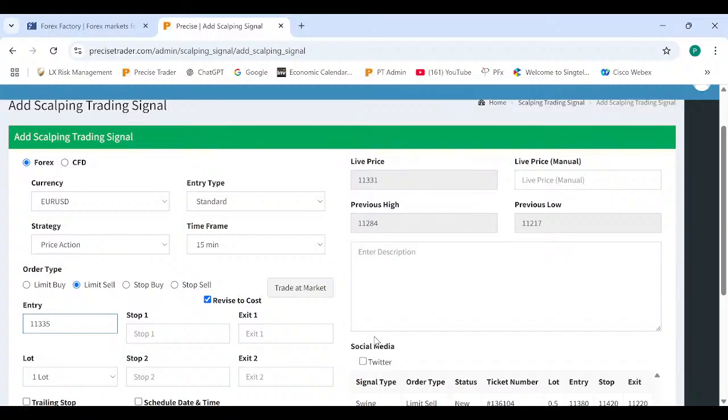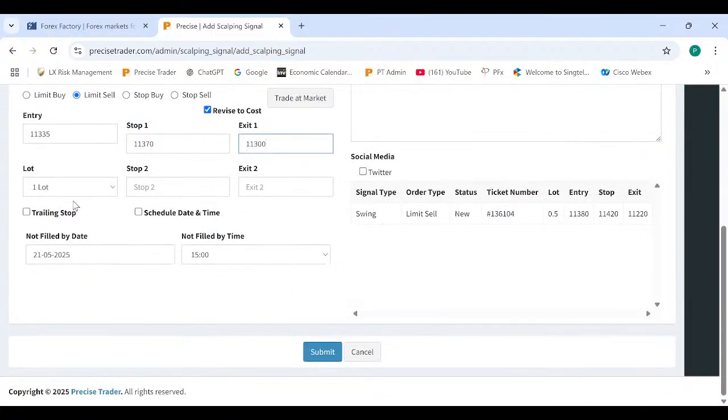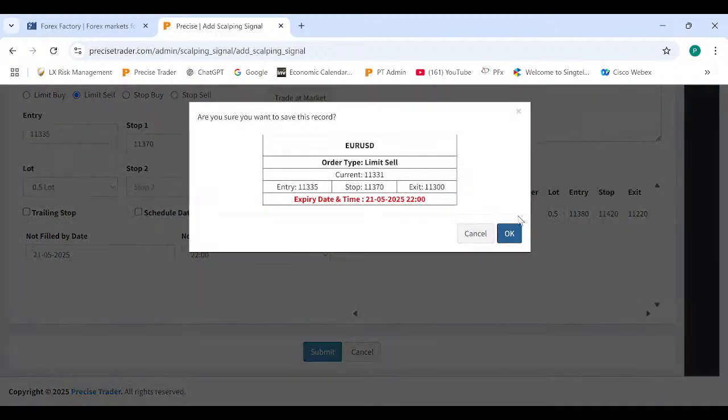Put a sell at 11335, and the stop has to be 70 because 65 is the high. Then we will try to go for 113 as a TP. So here we will give this trade until 10 o'clock.